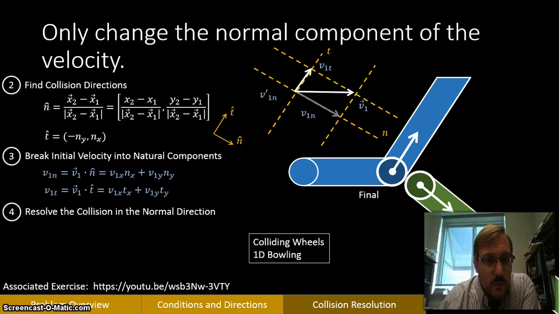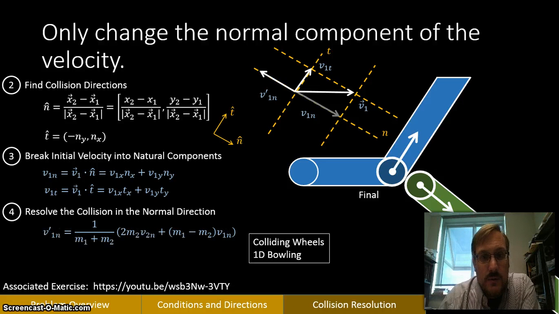So what do we do to do that? We need to do the same thing we did, and that was a lot of work with kinetic energy and momentum and so forth. And we ended up in 1D bowling with the fun little equation like this, where you have the new velocity in the normal direction being a sum of different components from the normal velocities of the two different balls.